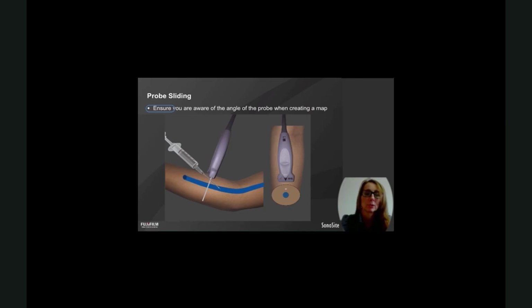Here's a good example. You can see here that the probe is tilted, and you can see the shaft of the needle, and on the image on the right you can see the wide part of the shaft of the needle is almost at the surface, and you could be fooled into thinking that that's the tip and continue to advance, when really, if you'd been looking in the right position, you would have realised that the tip was already in the vessel.